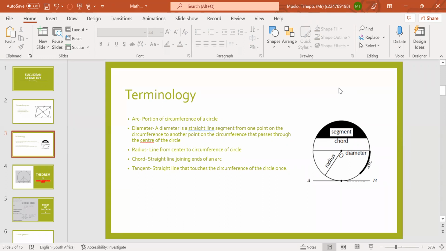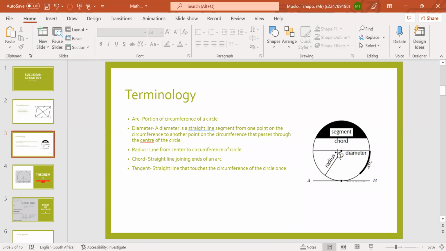And then diameter. I think this is one of the revision words that you may be familiar with. A diameter is a line from one point on the circumference to another point on the circumference. But the requirement for that line to be called a diameter is that it should be passing through the center.